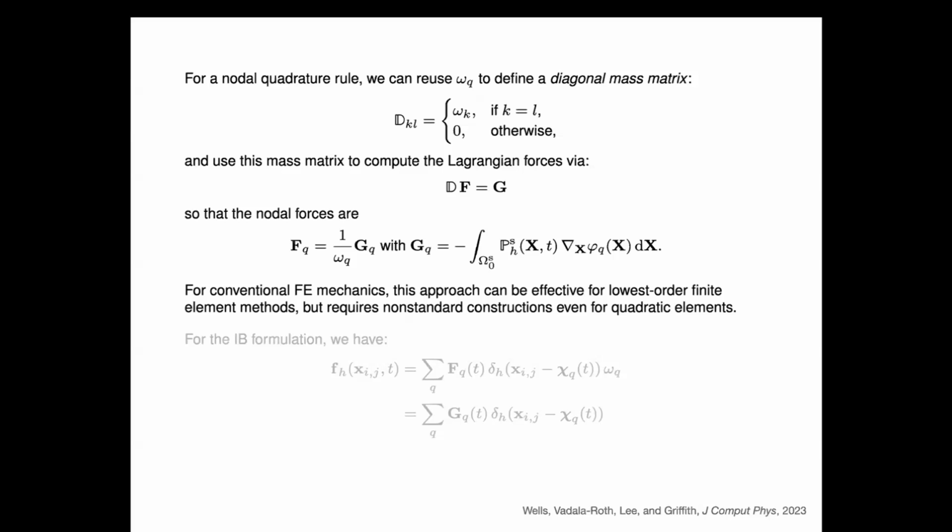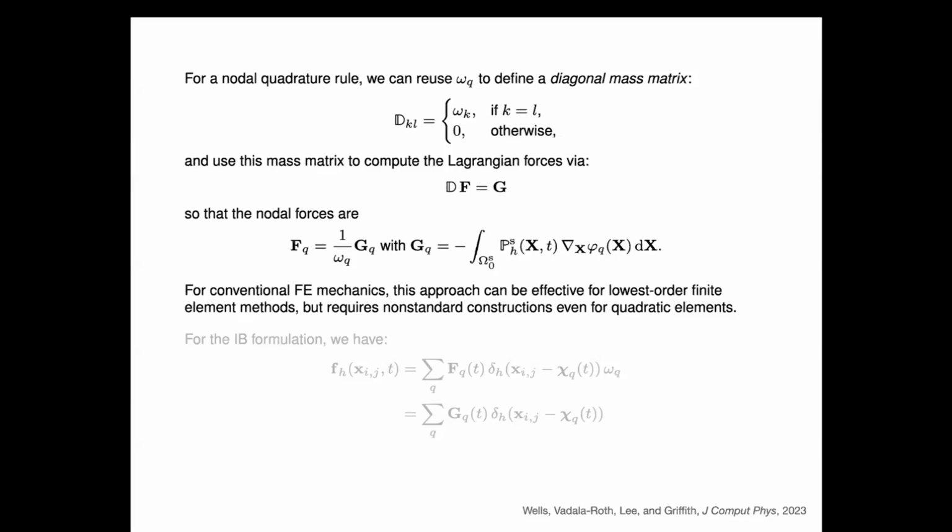With standard finite element mechanics methods, if you're using quadrilateral elements or hexahedral elements, these Q families of elements, you can use diagonal mass matrices to very high order and everything is fine.